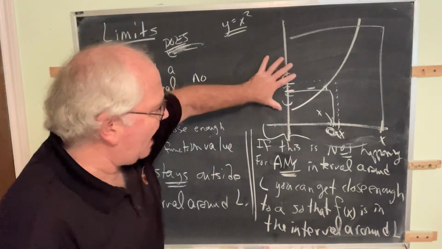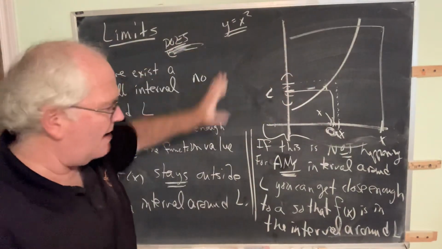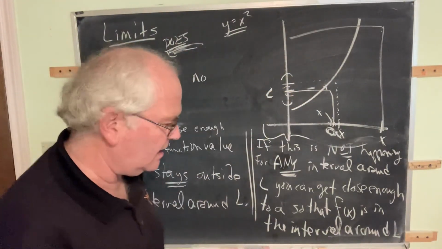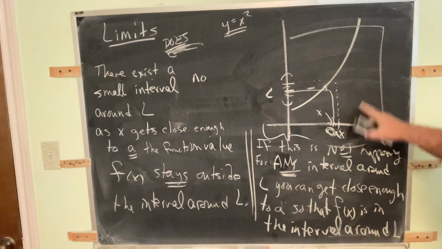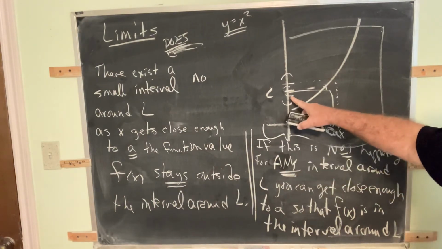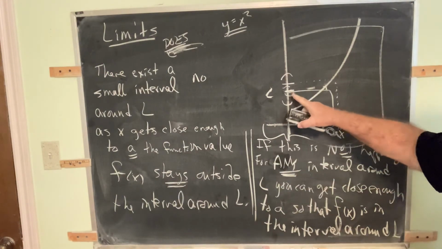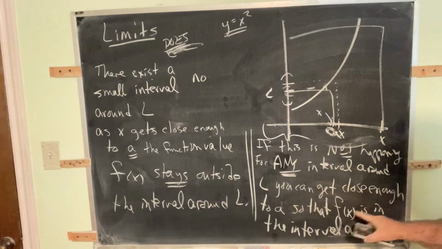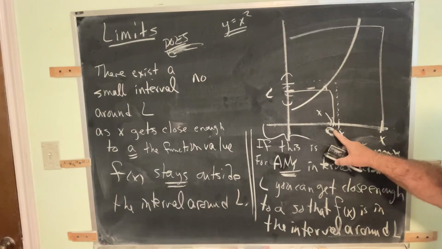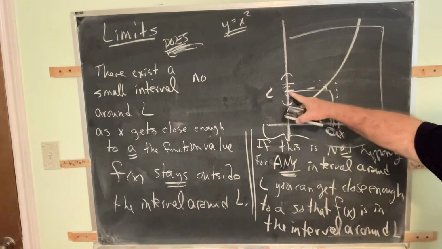So this is what we want to have happening here, right? So this is what we want. If for any interval around L, no matter how small we choose, for any tiny interval around L, you can get close enough to A so that f of x is inside that interval.